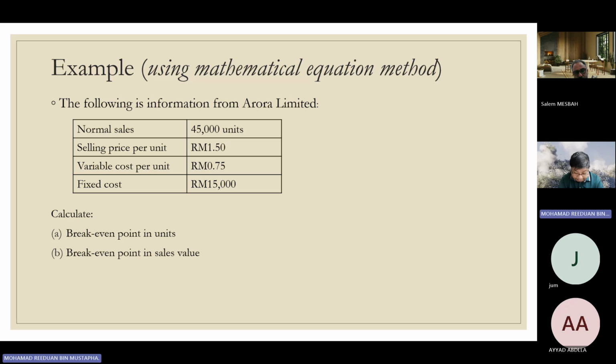The formula is fixed cost divided by the contribution margin per unit.